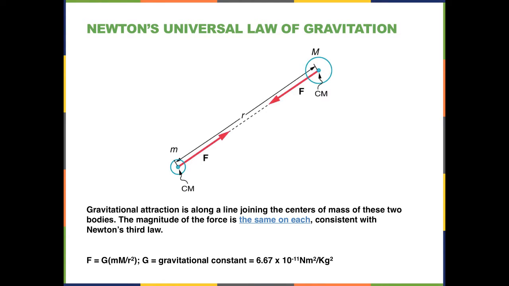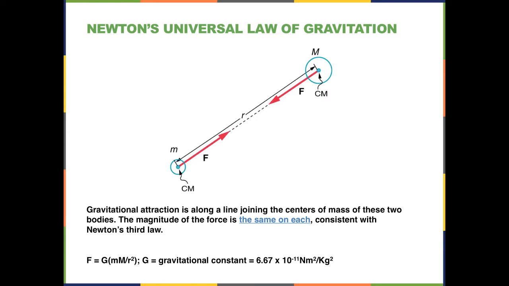And the formula for Newton's universal law of gravitation is shown here. It's equal to G times the mass of one object times the mass of the other object. Frequently it's shown as a small and an uppercase M because frequently one of the two objects is very big and the other is very small.